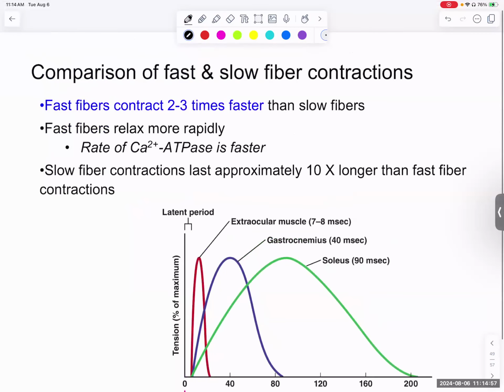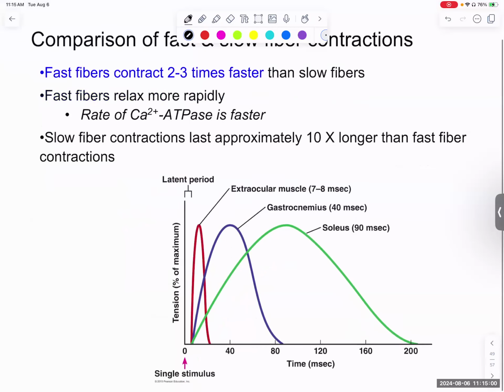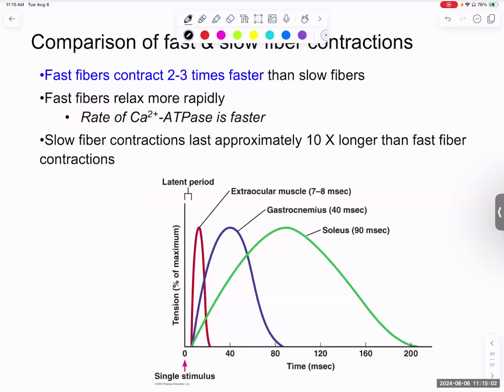So, comparison of fast and slow fiber contractions. Fast fibers contract 2 to 3 times quicker. They have a 2 to 3 times higher velocity of the power stroke, pulling that actin over the myosin. And they have a higher calcium ATPase.